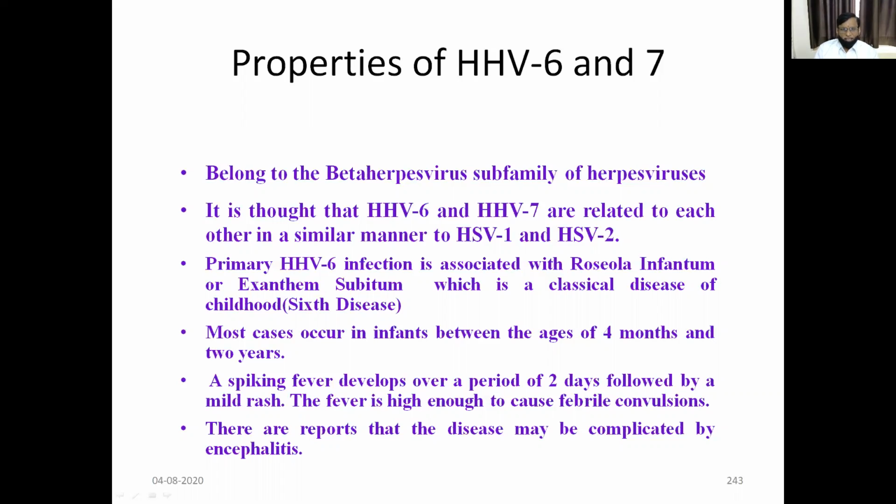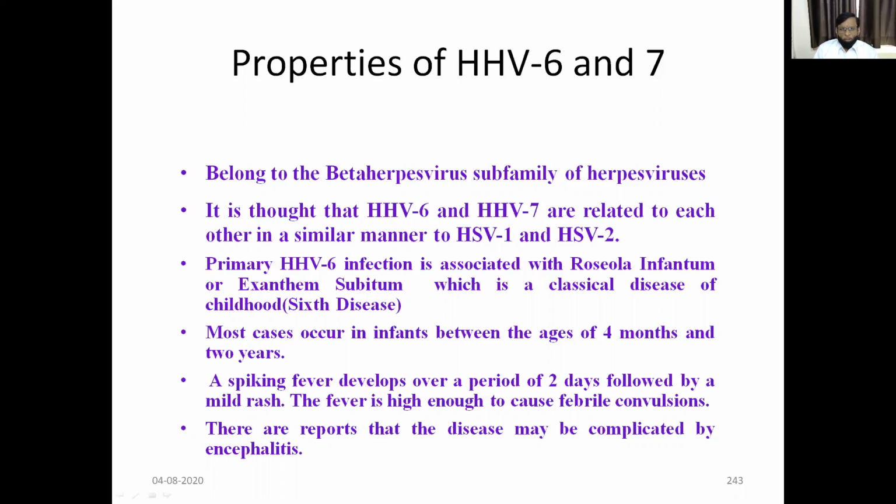The fifth disease is due to parvovirus. Later, they found a rash disease not belonging to these five, and named it the sixth disease. Later, they found it is due to human herpes virus 6.